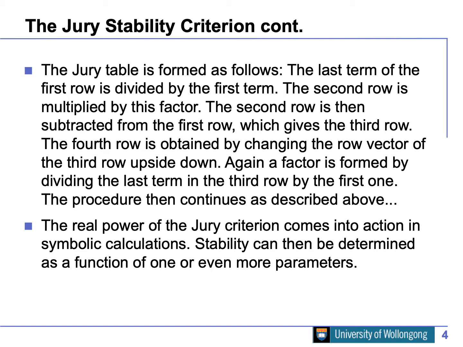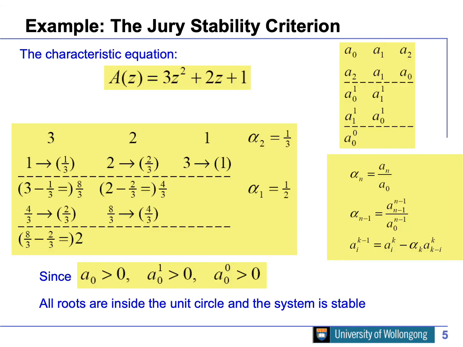Let's look at an example, because things here are much easier to explain with an example. So here is an example. We have A0 equal to 3, A1 equal to 2, and A2 equal to 1. So we write down A0, A1, A2 as the first row. For the second row, we write down the first row in reverse order.